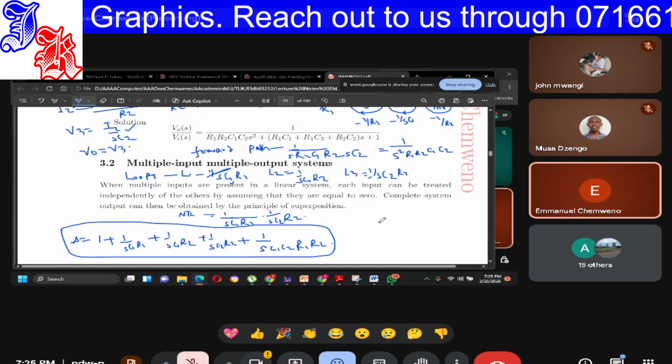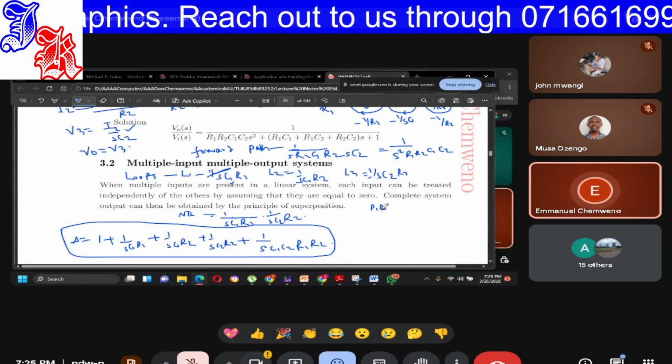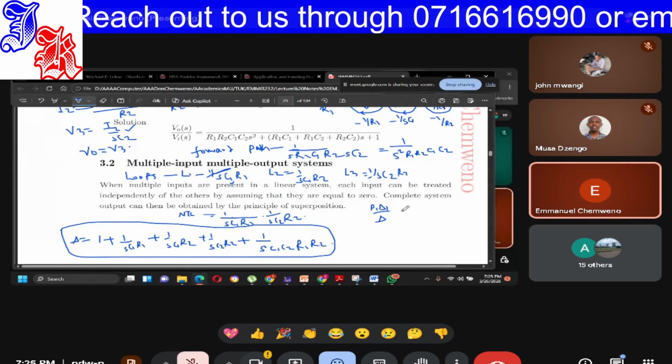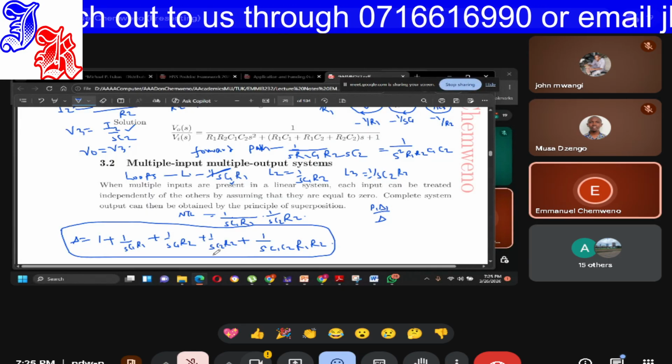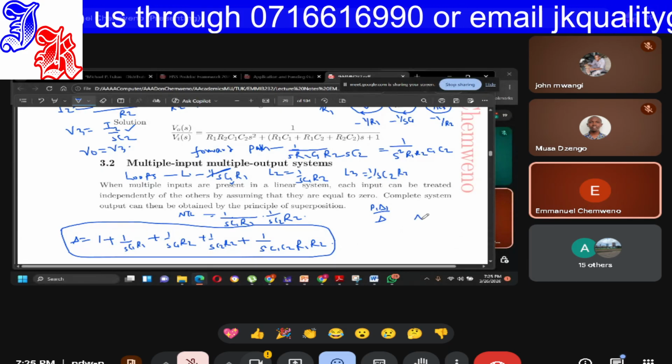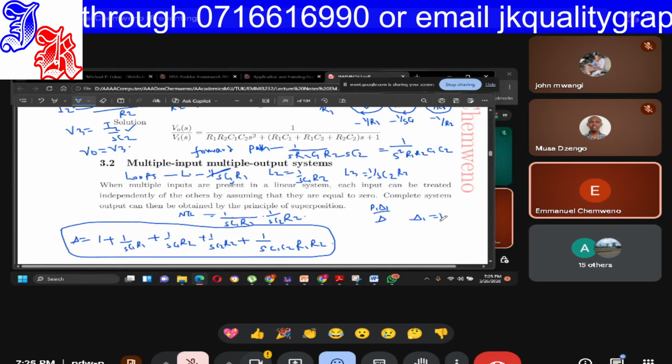Now, P1 delta 1 over determinant. P1 is path 1. If I remove the loops touching this path, the cofactor 1 will be equal to 1.